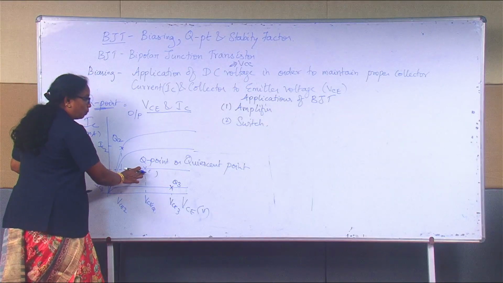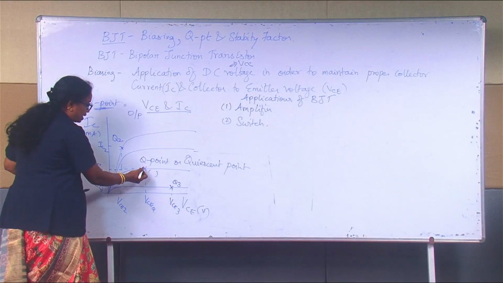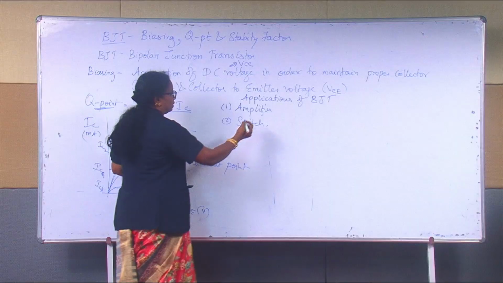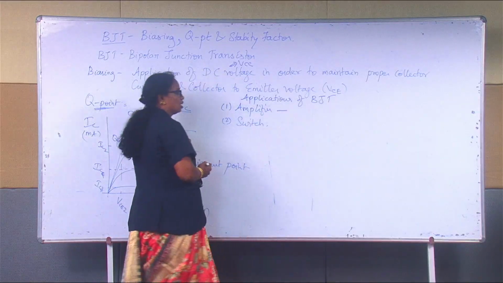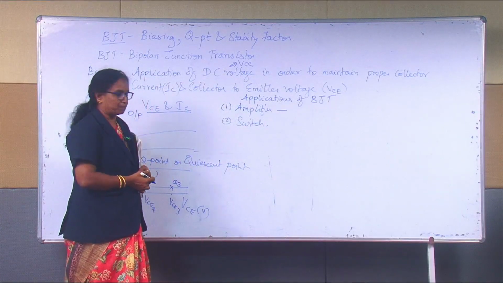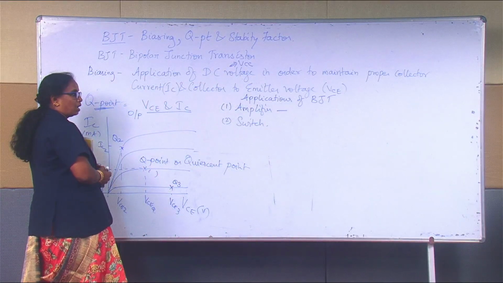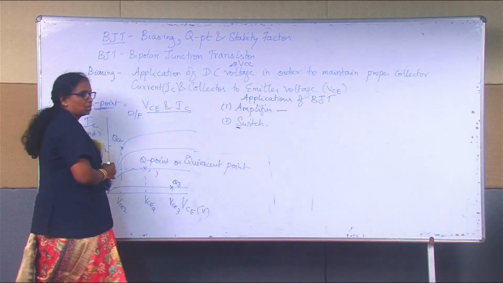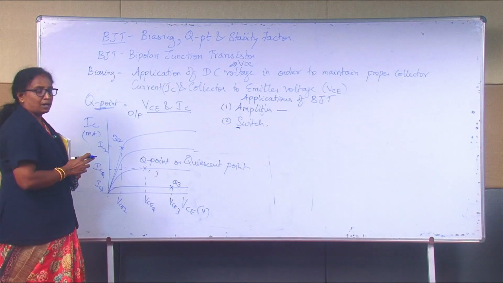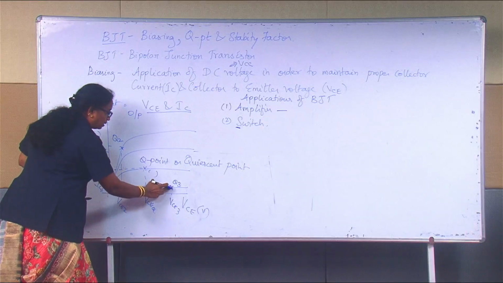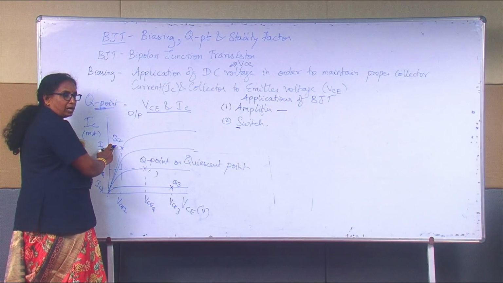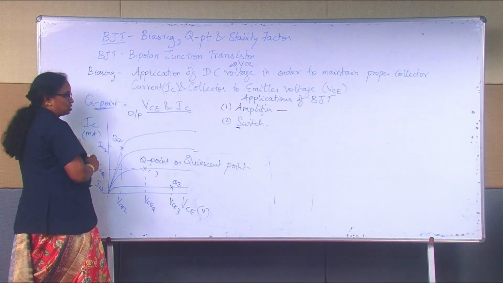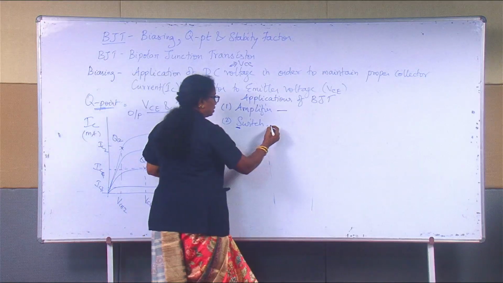If I fix the operating point of my BJT exactly at the middle, then I can use the BJT as an amplifier. If I want to operate the BJT as a switch, then I need to operate the BJT in 2 different states. If you take a switch, it has 2 states.